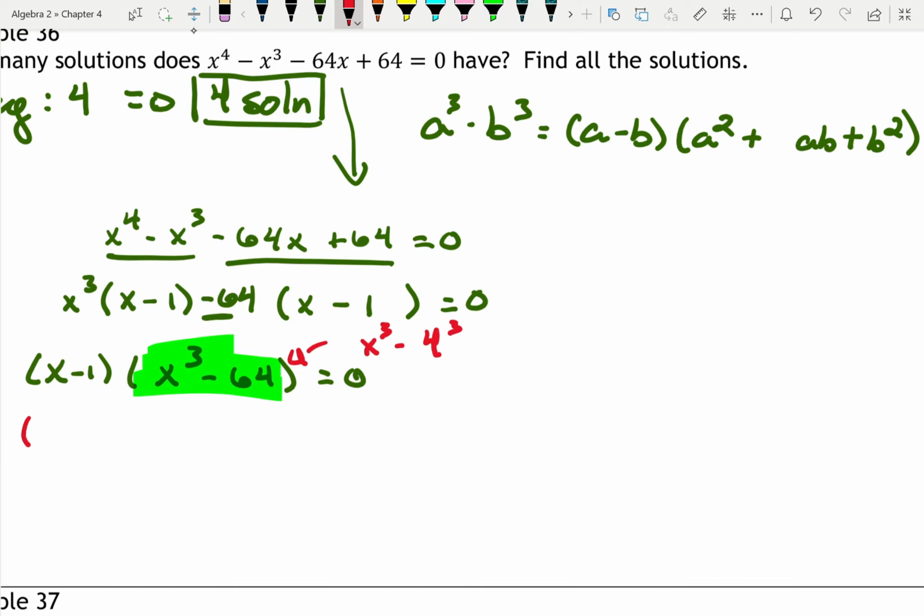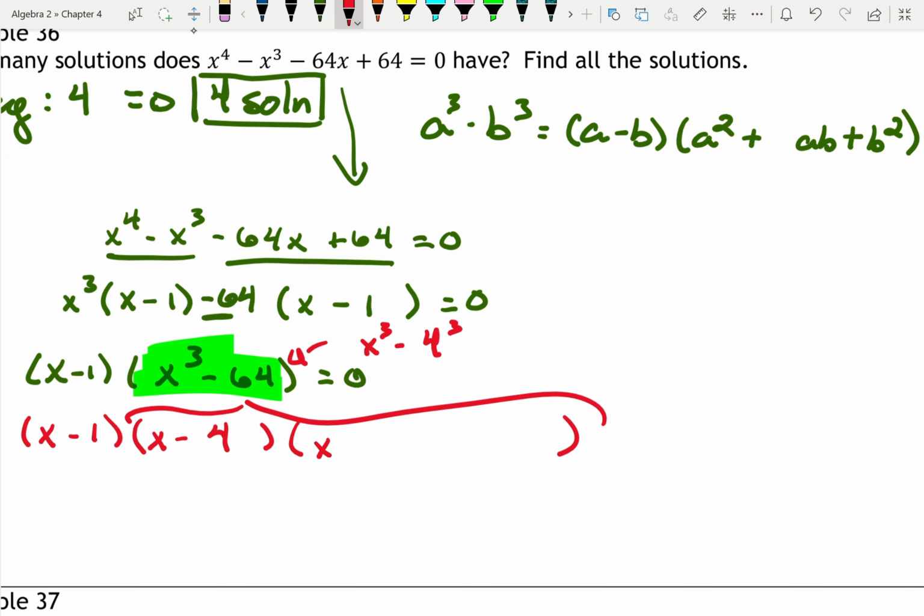So this means that we can have an x minus 1 there, and then we can factor into x minus 4, and then x squared plus 4x plus 4 squared, which is 16. And this is still equal to 0.